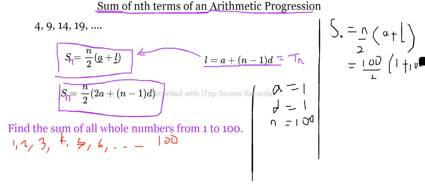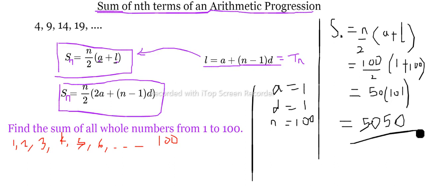If we do this, we have 50 multiplied by 101, which gives 5050. So the sum of all numbers from 1 to 100 is 5050. Do you get that?